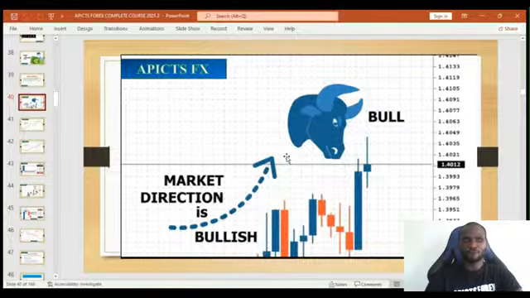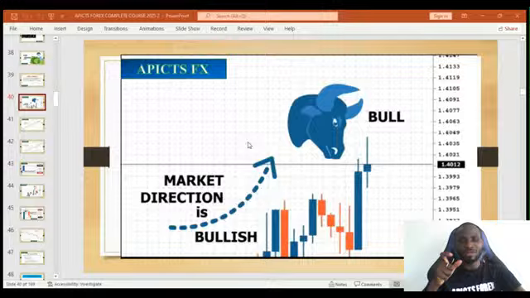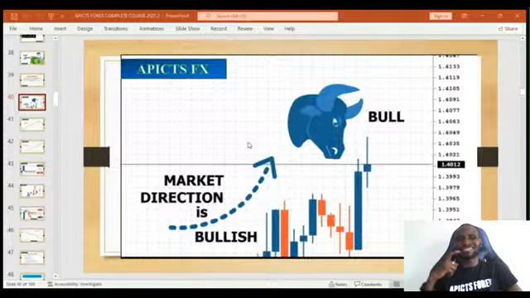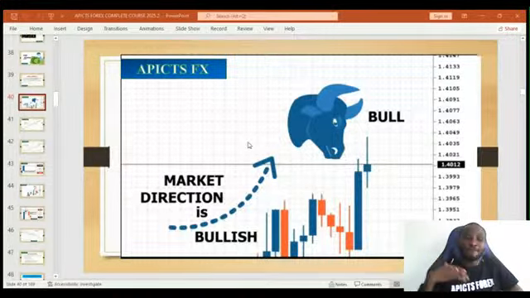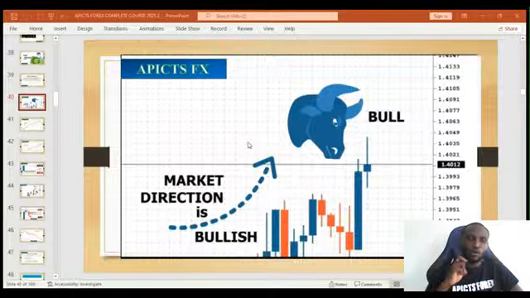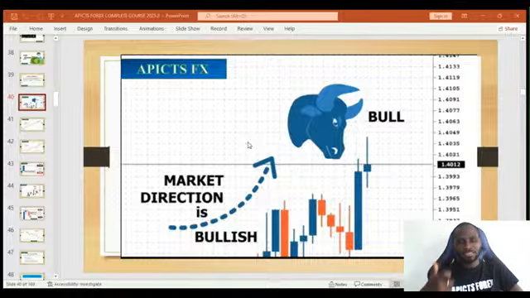And don't forget how we started. If you followed the class closely yesterday, we saw that the reason why you are going to be buying a particular market, let's take a currency pair, GBP USD, for example, is because from your informed decisions, you speculate that the GBP is going to rise against the USD.